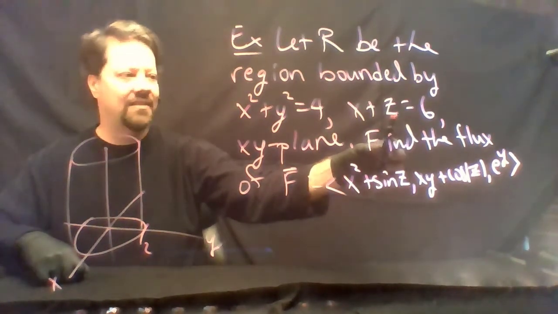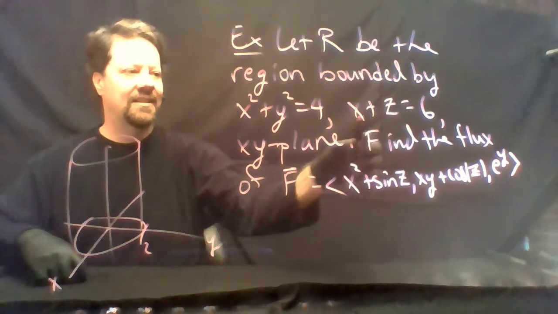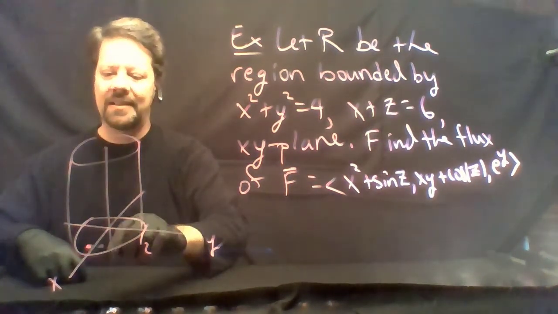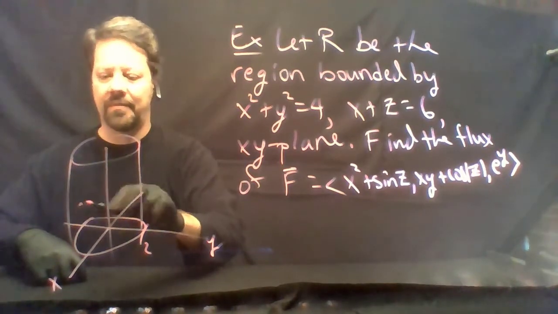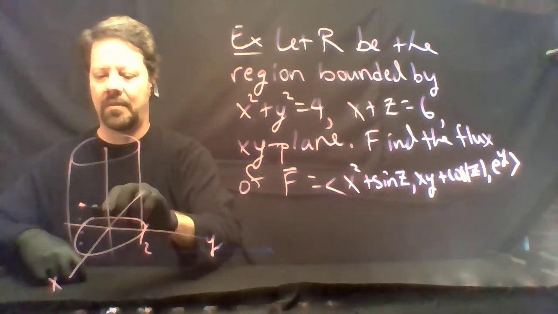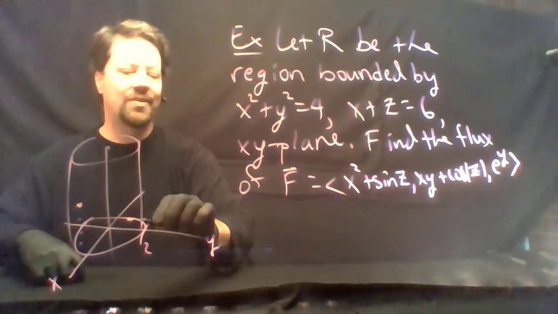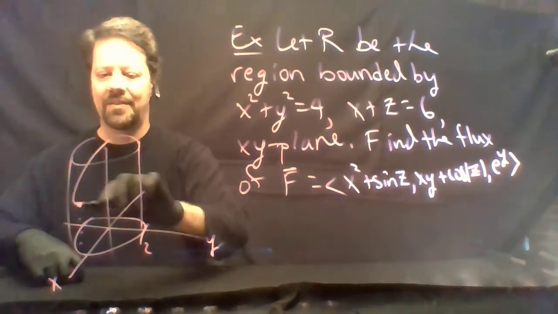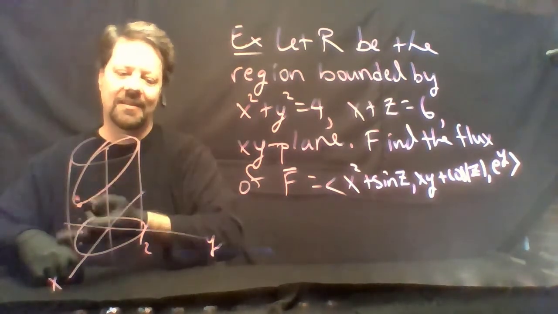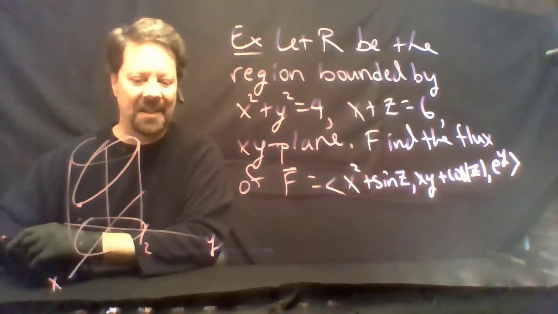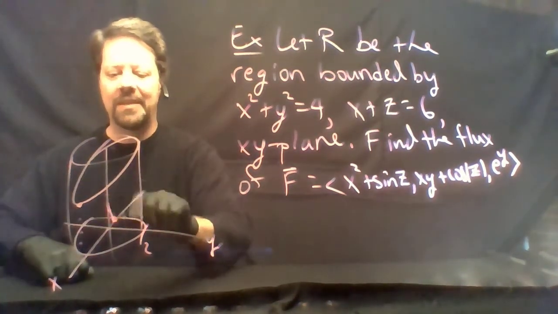Notice that if x is equal to 2, then z is equal to 4. And if x is equal to minus 2, z will be 8. So the plane will slice across diagonally this way. We're looking at the region in between.